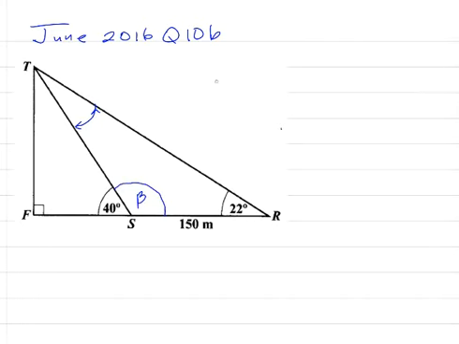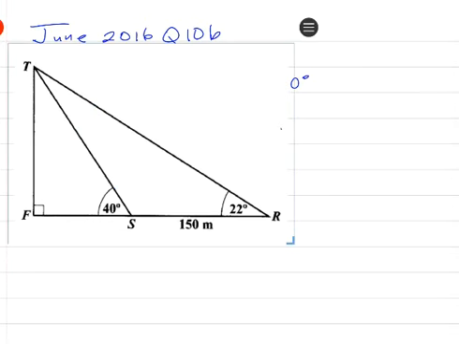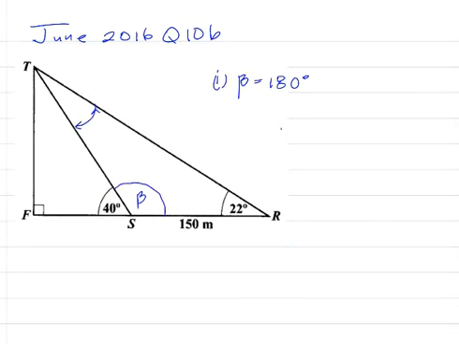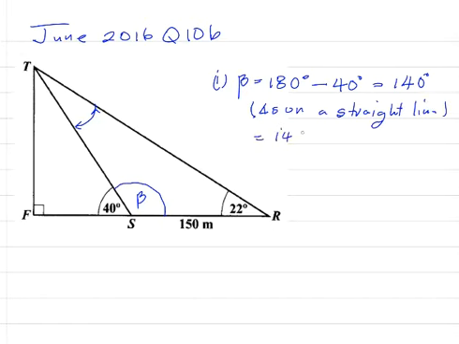Beta would be equal to 180 minus 40, so beta is equal to 180 minus 40 degrees, and this is equal to 140 degrees, and the reason for that, there are angles on a straight line.